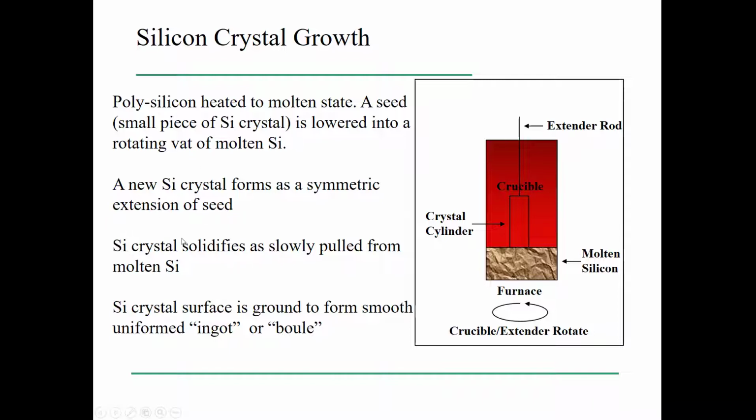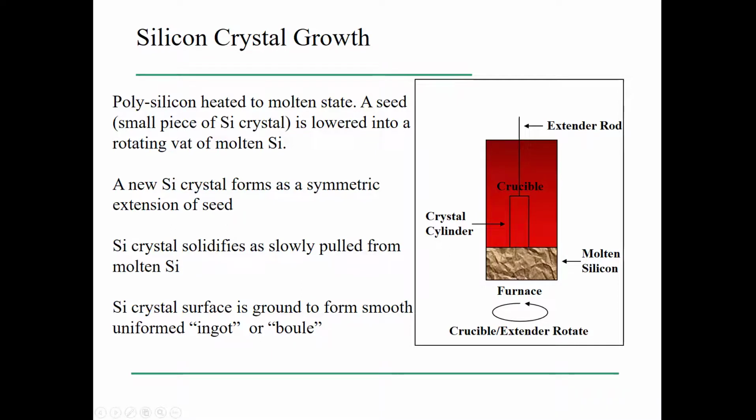Okay, so the polysilicon, those chunks that kind of look like charcoal, which are the refined silicon, can't be used directly to fabricate the wafers. They have to be further processed and converted into a monocrystalline structure, a single crystal with uniform structure.